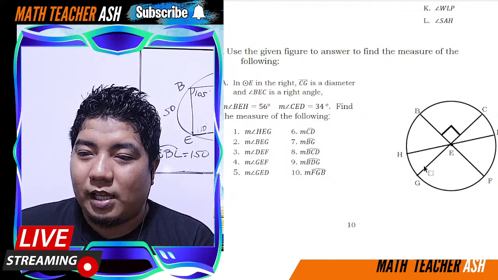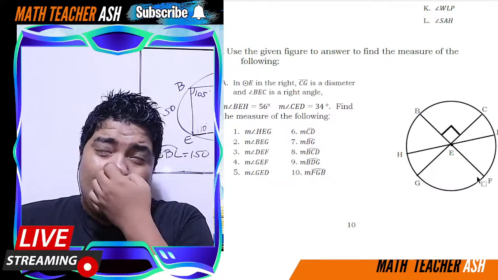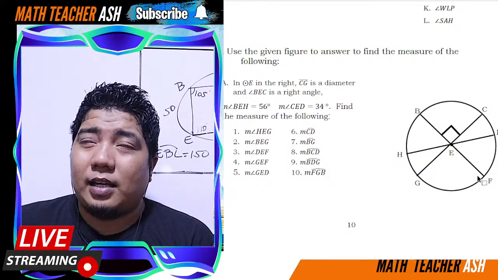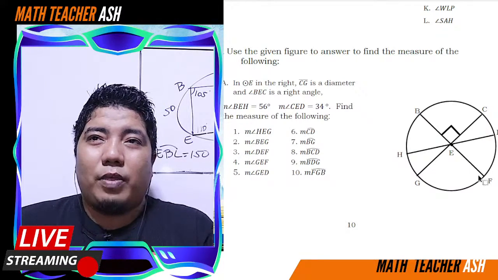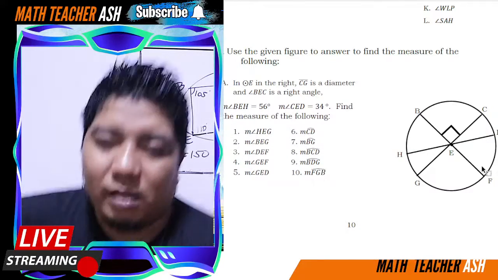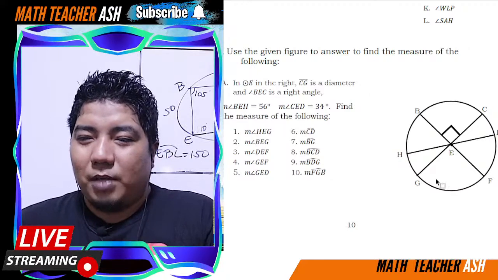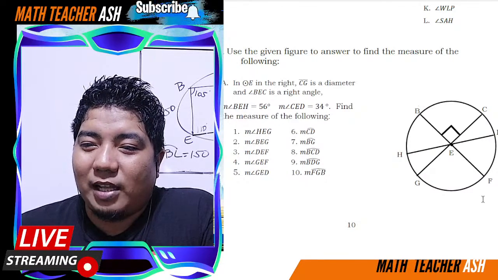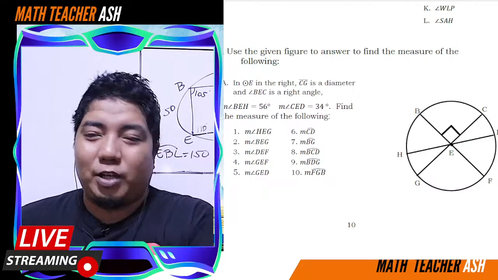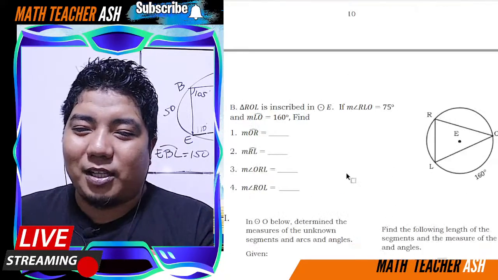So, this is 90 degrees. So, tanggalan mo lang ng 90 ang 360 degrees, then that will give you 270 degrees. Okay, FGB. That is a semicircle. Of course, you already know the measurement of semicircles.